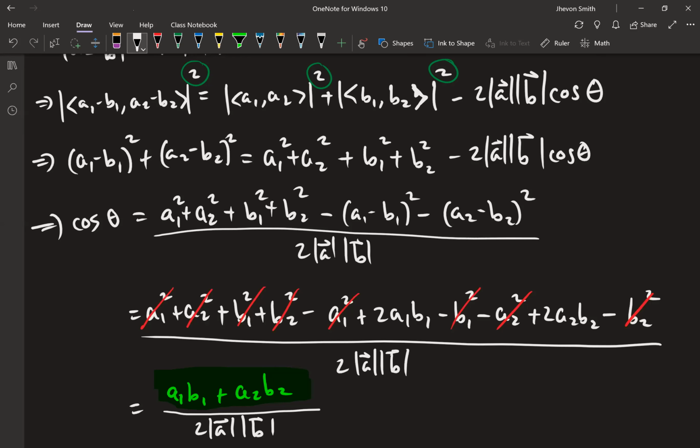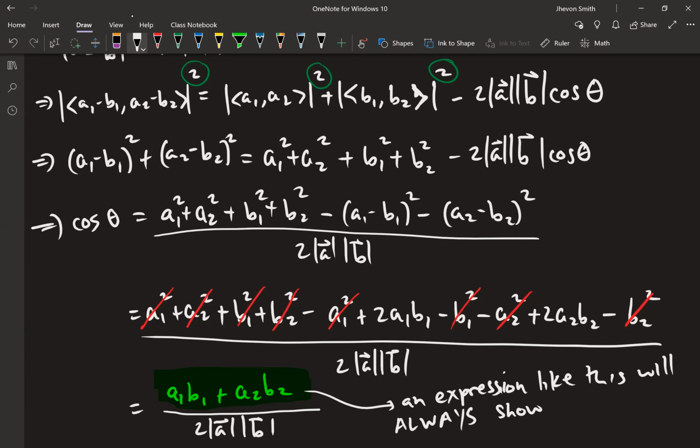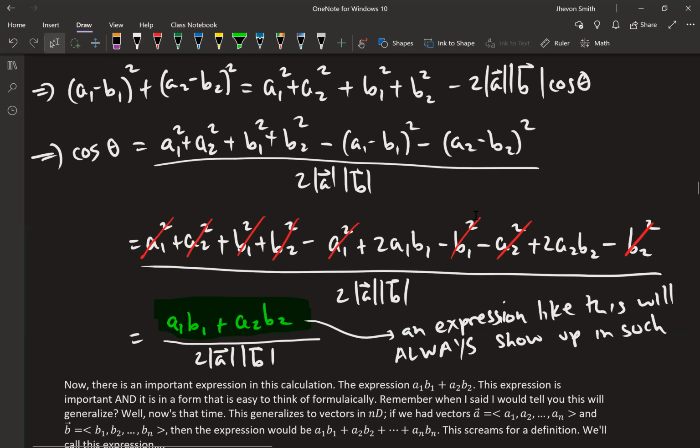It turns out an expression like this will always show up. So even in higher dimensions, for n dimensions, you'll just have a1 b1 plus a2 b2 plus a3 b3 plus a4 b4 going all the way up to an bn.